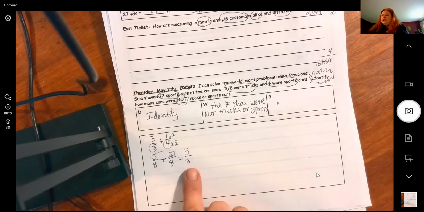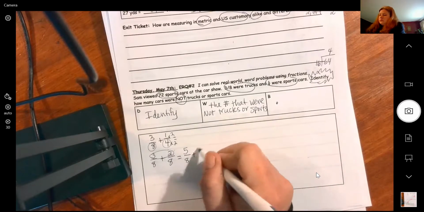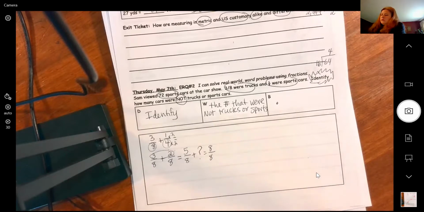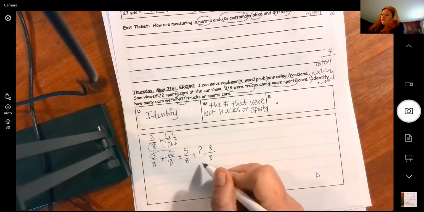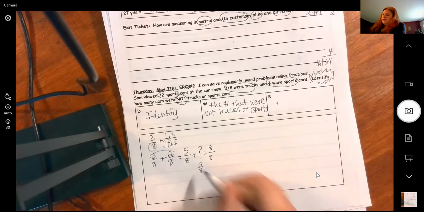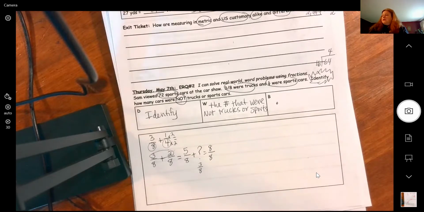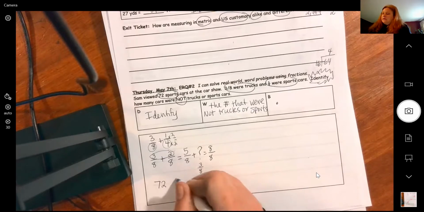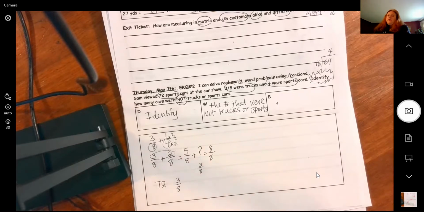How much would I need to get up to a whole? All right, so this would have to be 3/8. But it didn't say what fraction. It said actually how many cars. So I need 3/8 of 72.